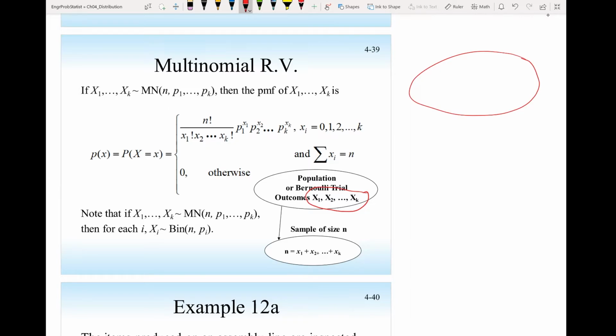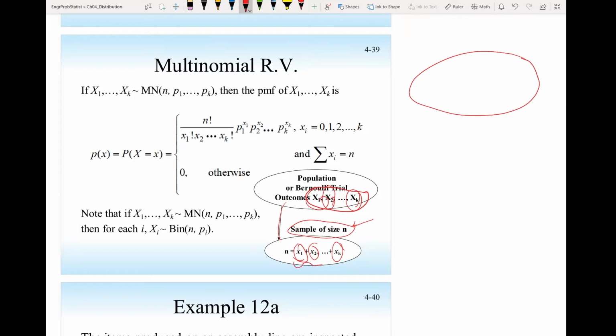If we now take a sample, or carry out the experiment n times, I want to know the probability that in this sample of n, the outcome x1 occurs that many times, outcome x2 that many times, outcome xk that many times.